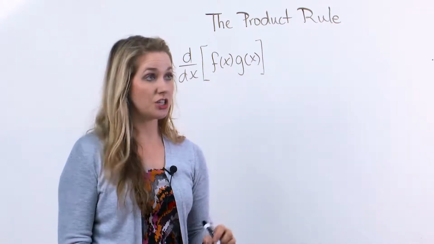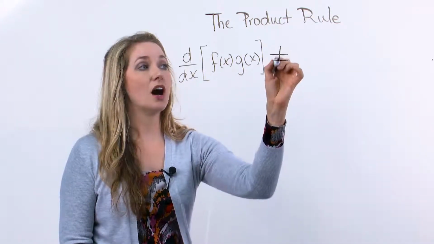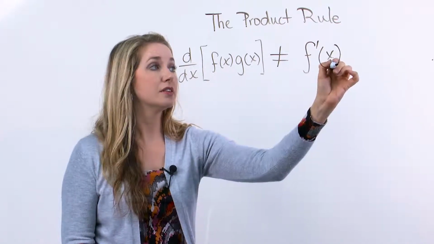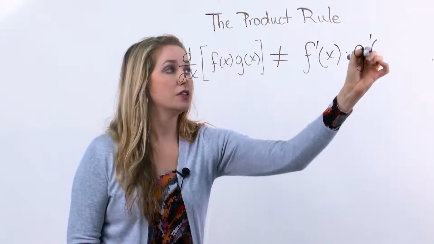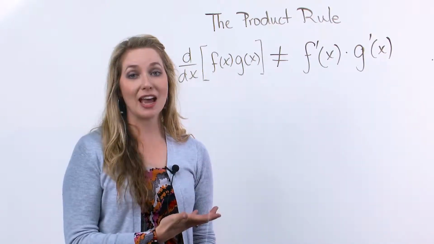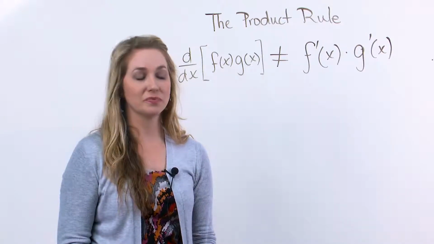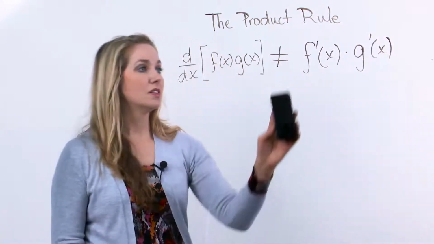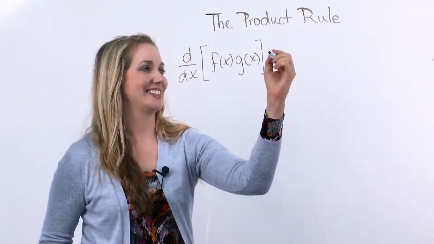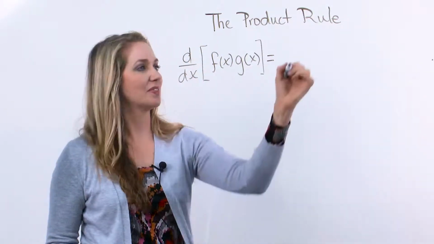I want to first caution you. This does not equal the derivative of f times the derivative of g. That is an inappropriate application of the product rule. So let me write the appropriate product rule.